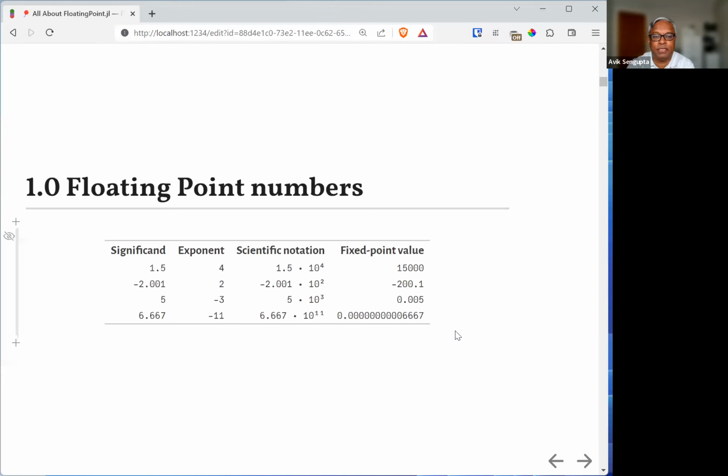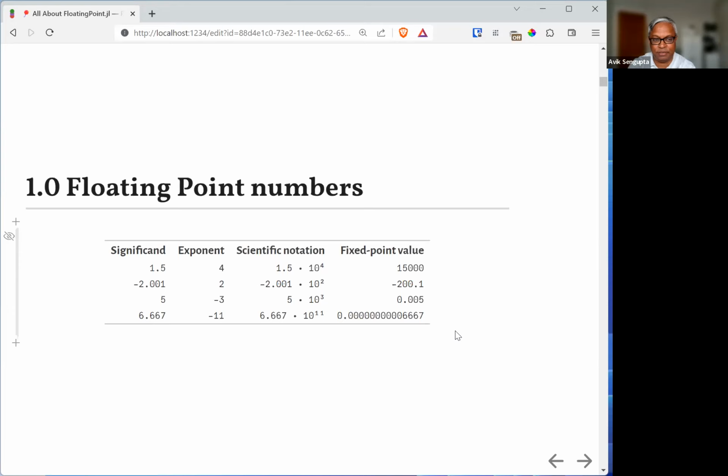For the last one, if you write it in fixed point value, you will say 0.0000, so many zeros, 0667. But if you write it in scientific notation, you're saying 6.667 times 10 to the power minus 11.